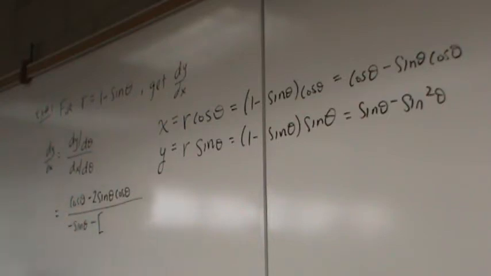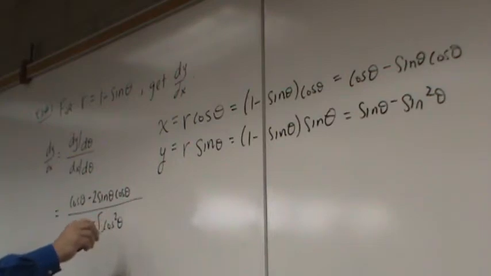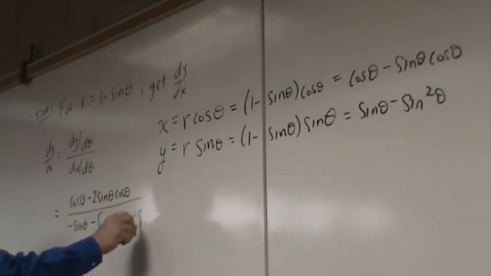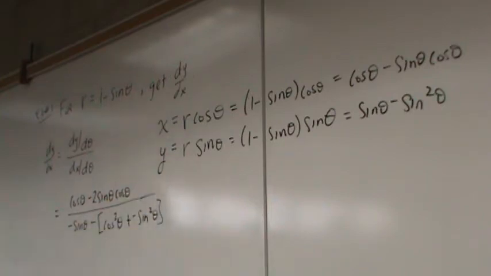I'm going to have to do product rule on sine theta cosine theta. Derivative of sine theta is cosine theta, so I'll have cosine theta, and then plus the derivative of the cosine is the negative sine, so it'll be negative sine squared theta. That's the derivative of that guy over that guy.